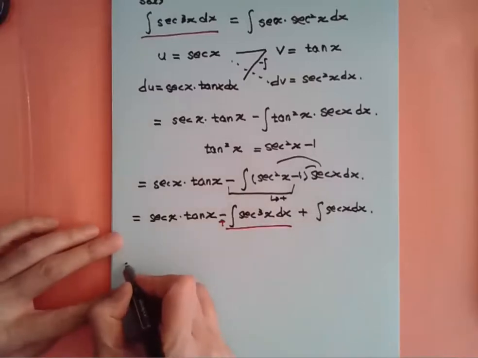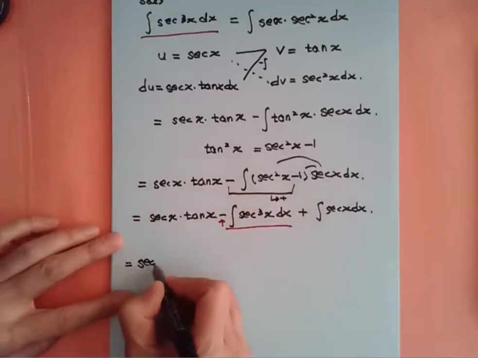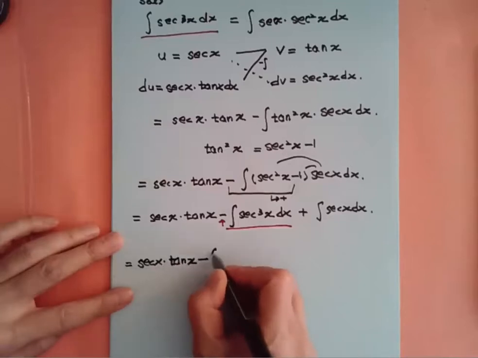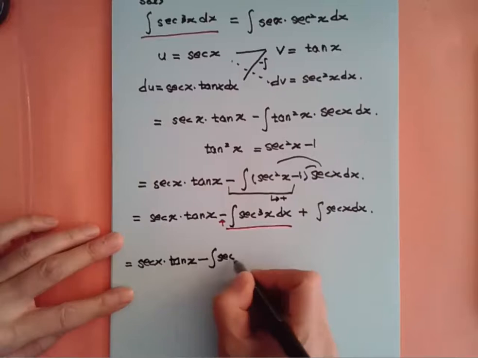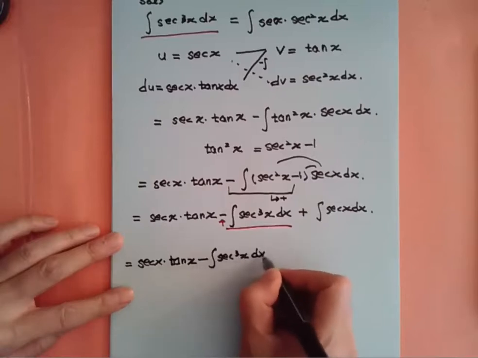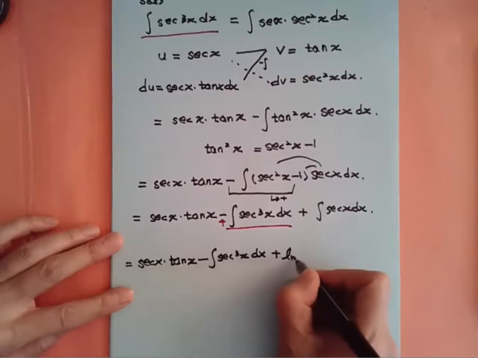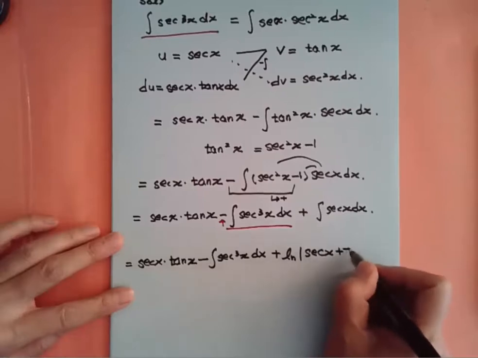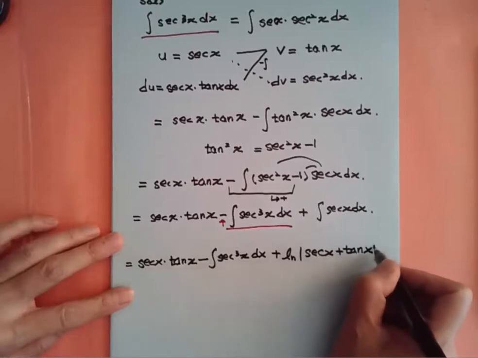So let me write it down. Secant of x times tangent of x minus the integral of secant cubed of x dx plus natural log of the absolute value of secant of x plus tangent of x.